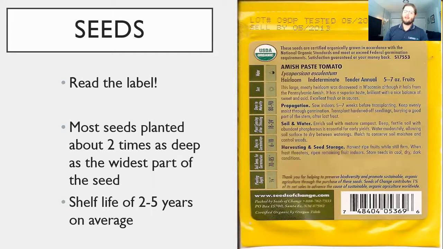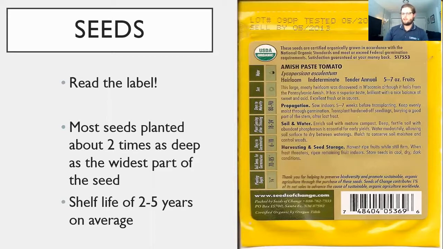So unless you are getting true hand-me-down seeds, and I do mean that, an heirloom variety that you're getting from a neighbor or a friend or a family member that's saved these for generations, you're going to get them in something that looks roughly like this picture that I have over here. And this is the back of our packet. The front typically is going to have either a picture or an illustration of the type of plant with maybe a little bit of additional info. But you can see here, this is the back of our label for some USDA organic registered Amish paste tomatoes.